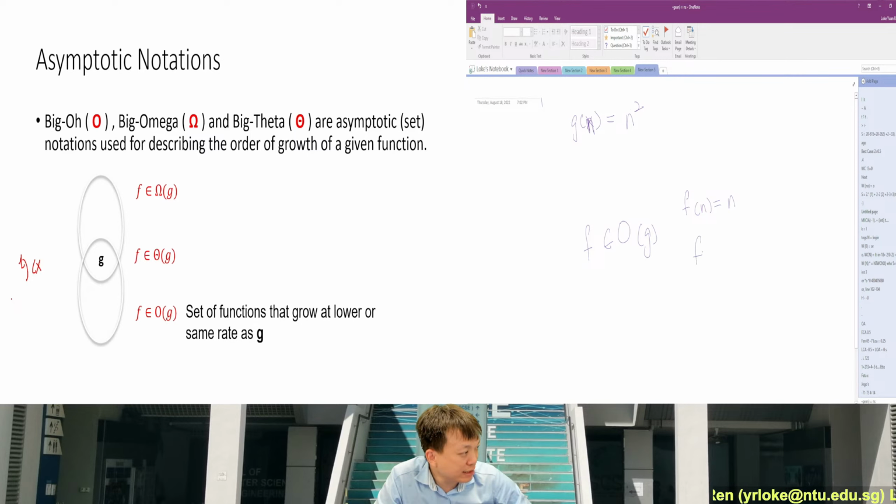Or I can also set f(n) equal to 10n squared. This one is the same. The growth rate is the same. 10n squared or n squared, their order of growth are the same. So that's what it means. Or another one is 10n squared plus n. This one is still the same. The order of growth is the same. So that is the big O(n).